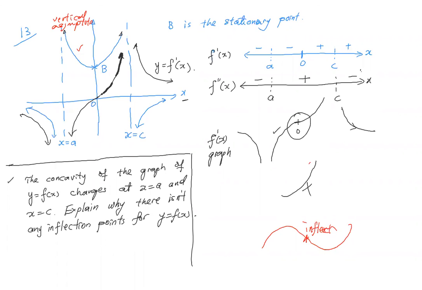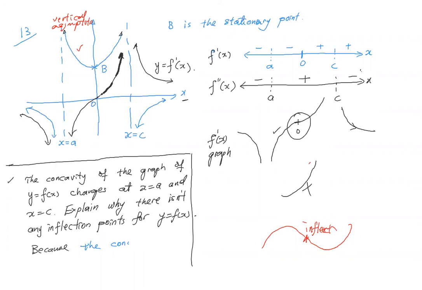So what is the answer? Kiko, give me the answer. Because it changes at the vertical asymptote.